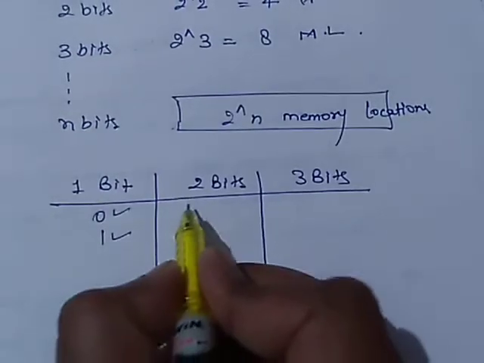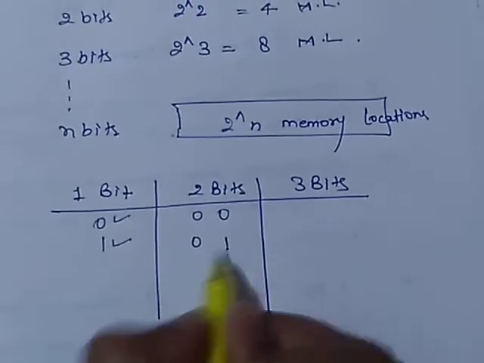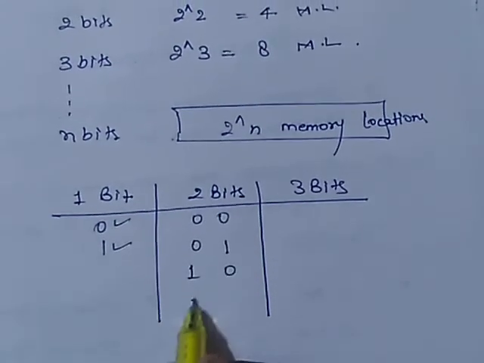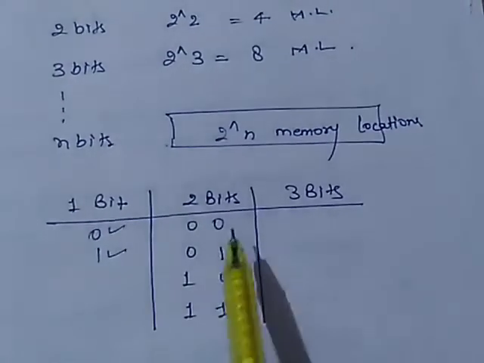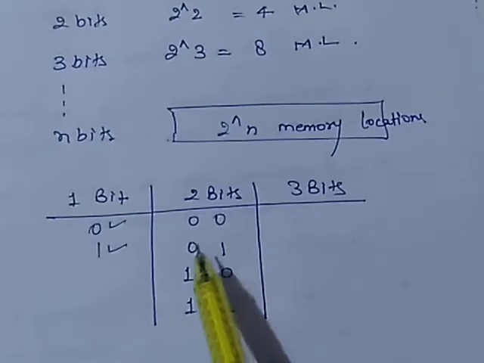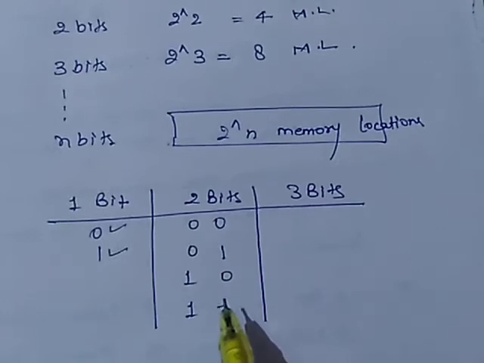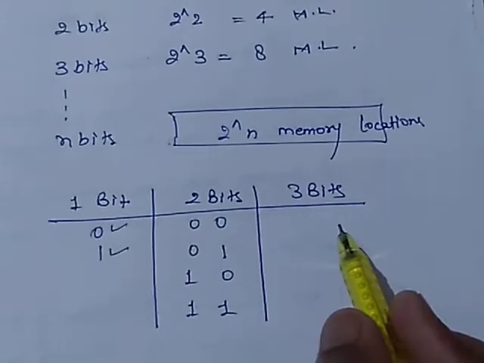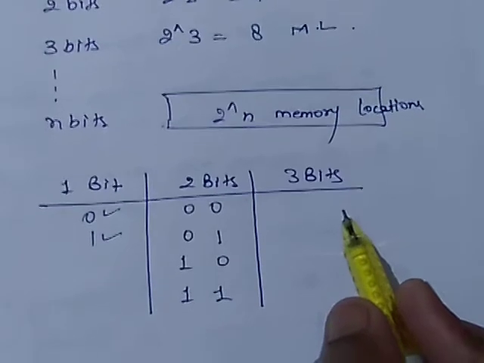Now with the help of 2 bits, 00, 01, 10, 11, we can get 4 memory locations. These are the 4 addresses of the memory locations on which the data will be saved. Now using 3 bit locations we will address 8 memory locations.